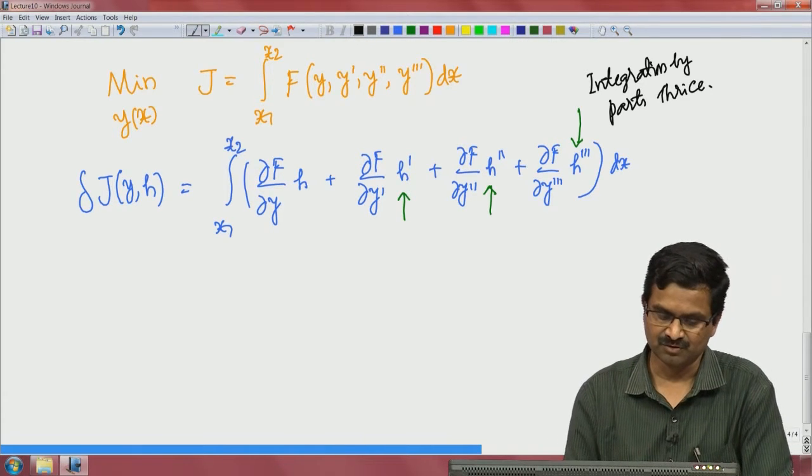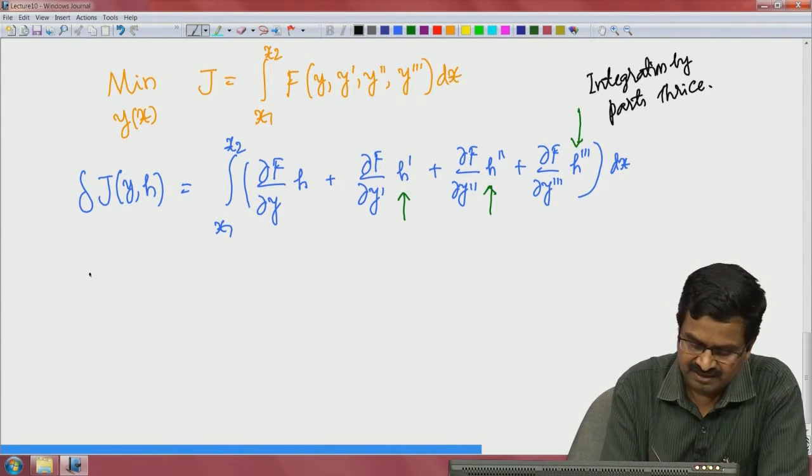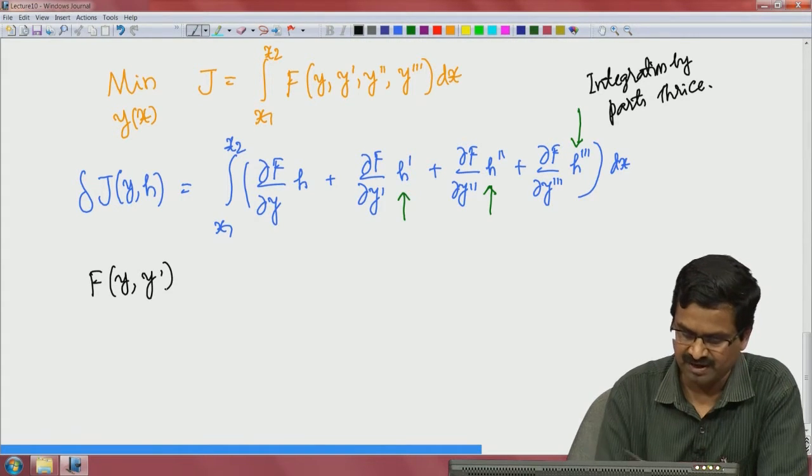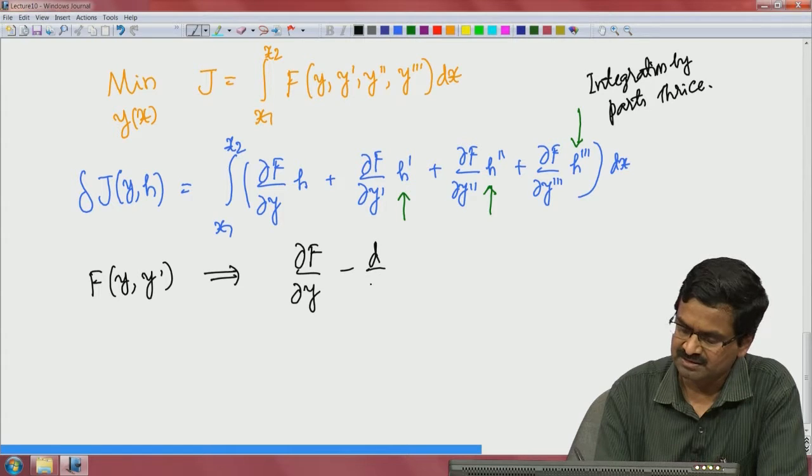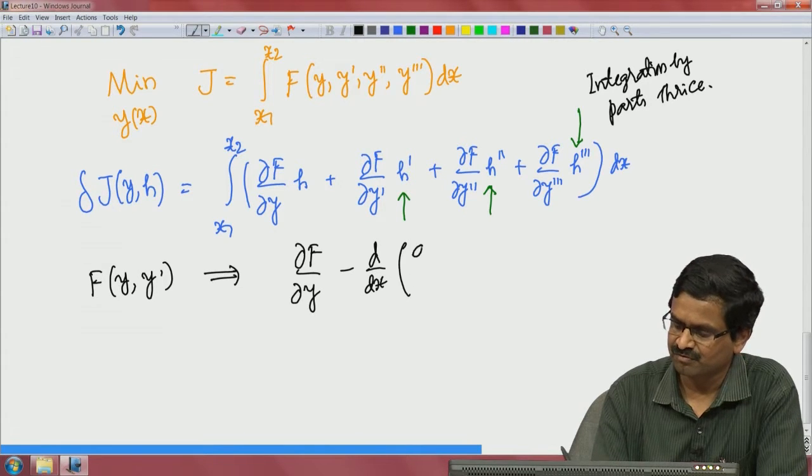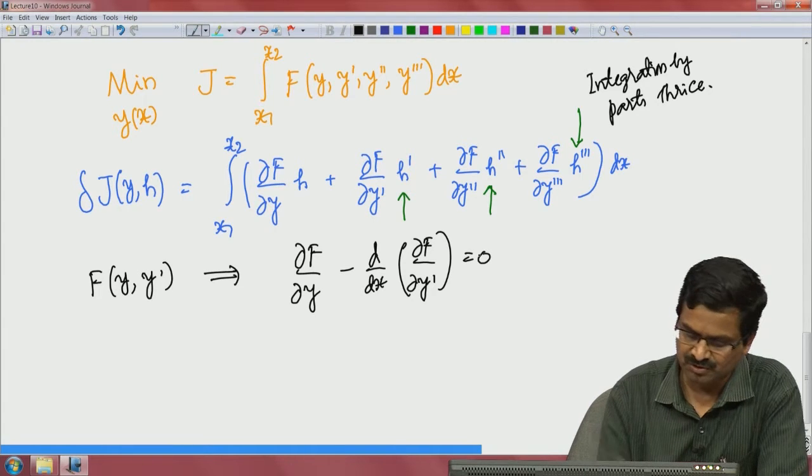So, when we had an integrand which depends only on y and y prime, our Euler Lagrange equation looks like dou f by dou y minus d by dx of dou f by dou y prime equal to 0.